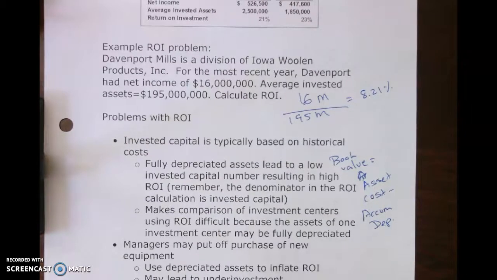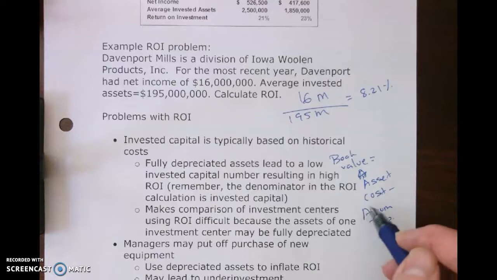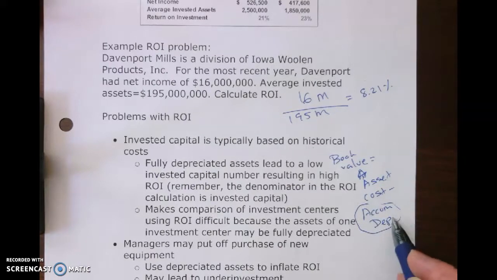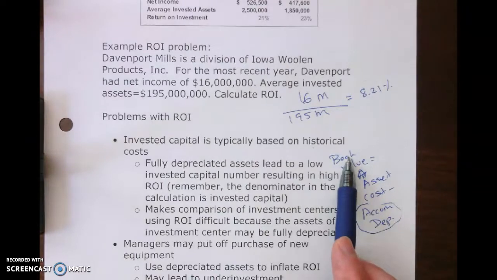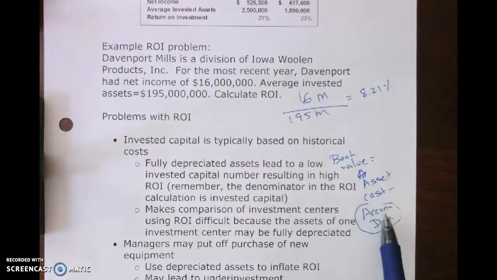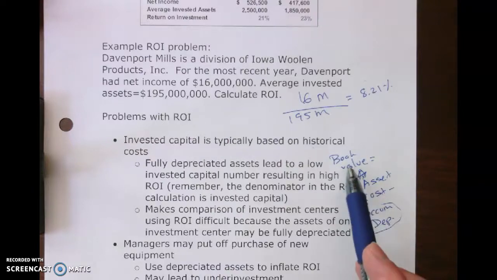And then what we know over time is that accumulated depreciation, this number goes up as we record depreciation every single accounting period. Accumulated depreciation goes up, which means the book value goes down because it's asset cost minus accumulated depreciation. Asset cost stays constant, that's the original asset cost, minus the accumulated depreciation, which keeps going up, means the book value number goes down.